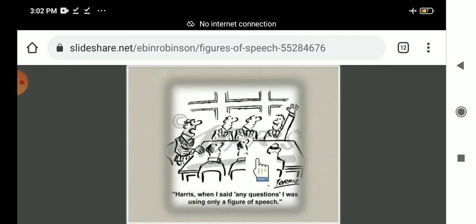Another slide is here. Here you can see a group of people sitting somewhere in an assembly. The boss is sitting in front of them and some of the colleagues are sitting at the table. So what does it say? Harris, when I said any questions, I was using only a figure of speech. The boss uses the figure of speech because he does not want to point at a single individual in front of the group.